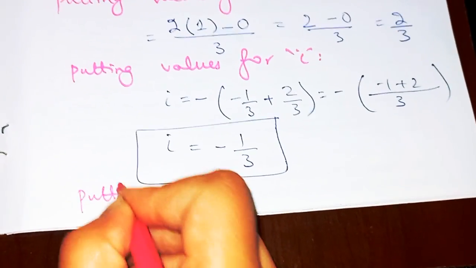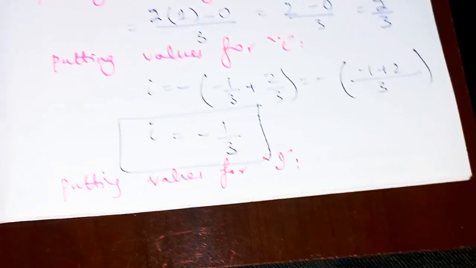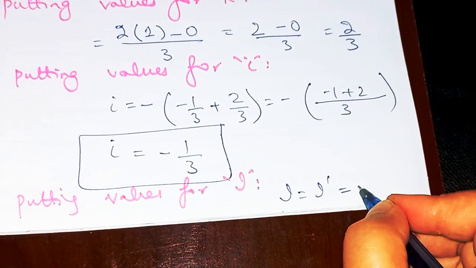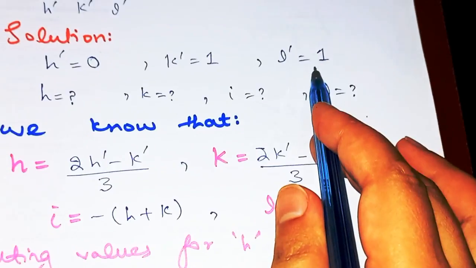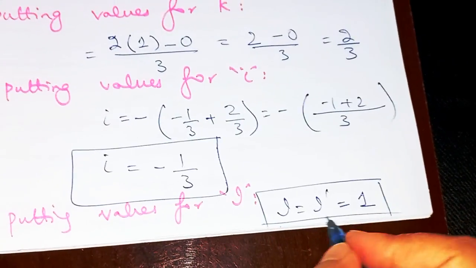Putting values for L, we have L equals L prime, that is equal to 1, simply. So the value of L is 1.